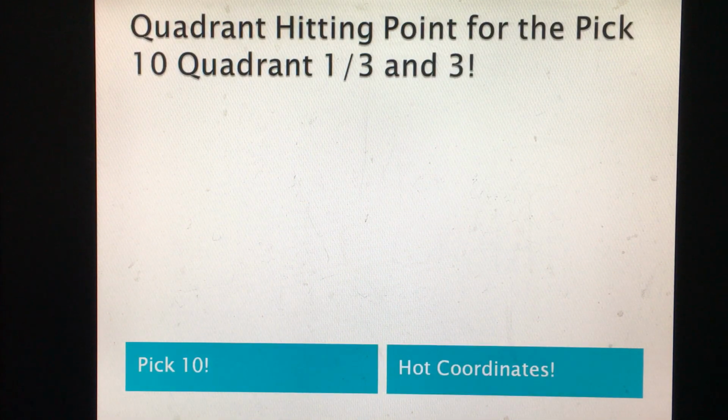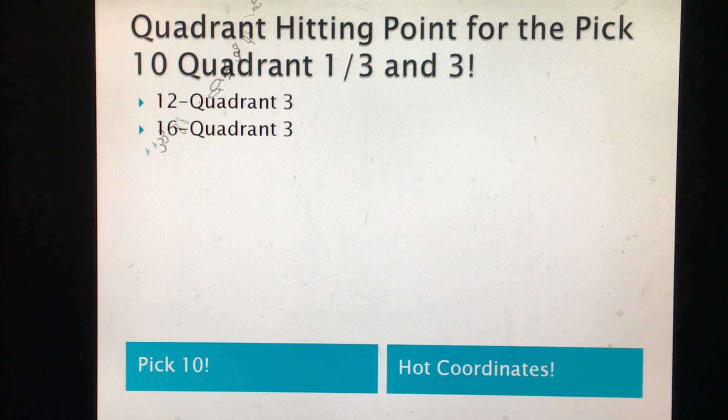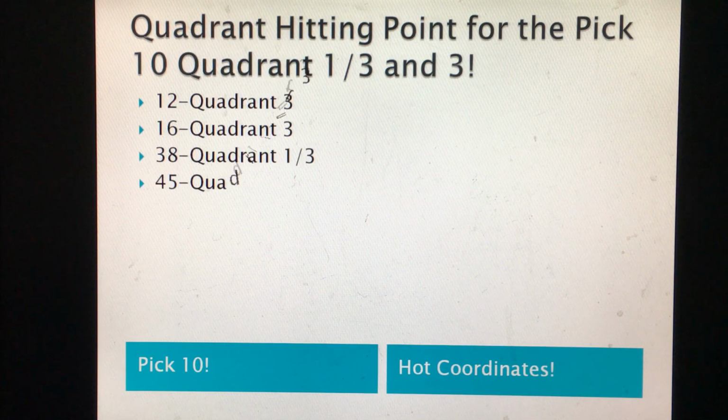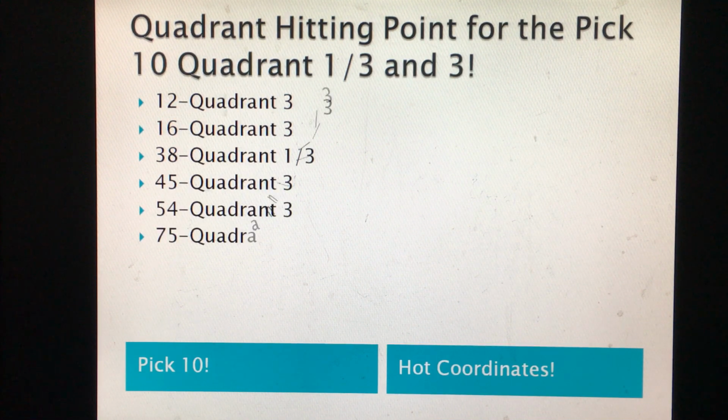Now, quadrant hitting points for Pick 10, that is in quadrant 1 and 3, or just 3 alone. 12, 16, 38, 45, 54, and 75. There are 4 numbers in quadrant 3: 12, 16, 45, and 54. And 2 numbers in quadrants 1 and 3: 38 and 75.